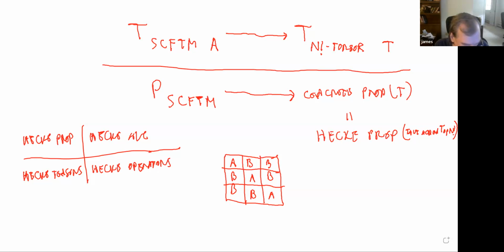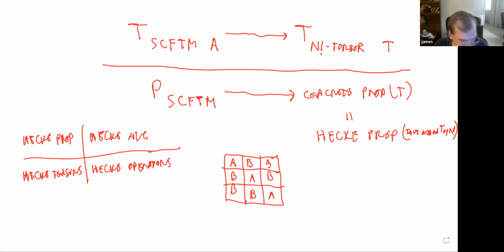But now we have a multi-dimensional matrix, and the 0, 1 matrices, the invariant 0, 1 matrices give you a basis. Let's see, maybe we'll call that the Hecke basis for the Hecke prop.